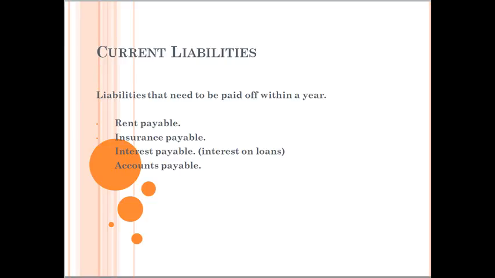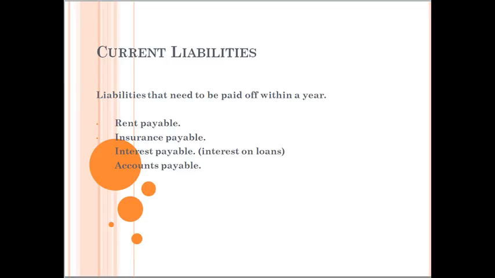For example, rent expense payable, insurance payable, interest payable, accounts payable. This is the reverse of accounts receivable. Accounts payable is when you purchase goods from suppliers to whom you pay after an agreed time period. You have not paid for these goods, you have to pay for them afterwards, so this is your liability.